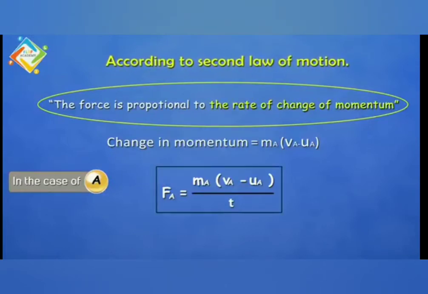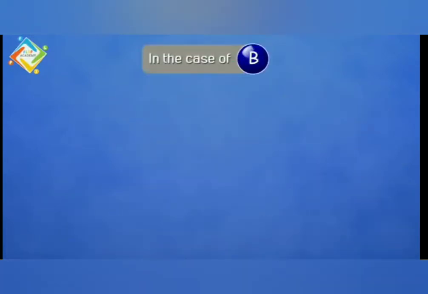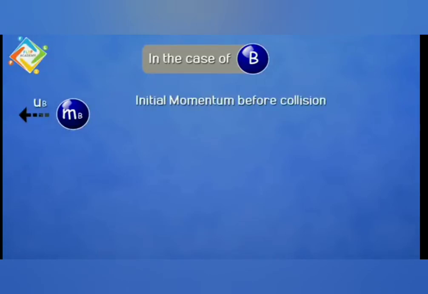Now let's move on to the case of ball B. In the case of ball B, it is moving with the initial velocity UB. So the initial momentum of this ball before the collision will become MB multiplied by UB. Now after collision, the ball B moves with the final velocity VB.